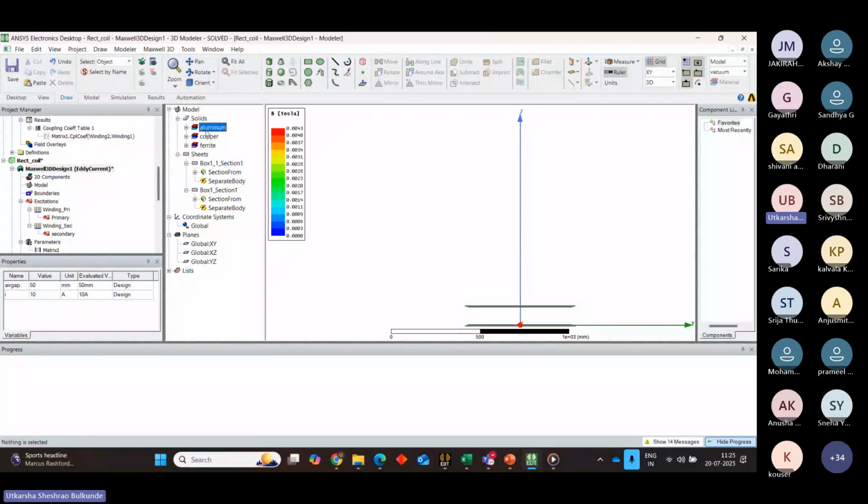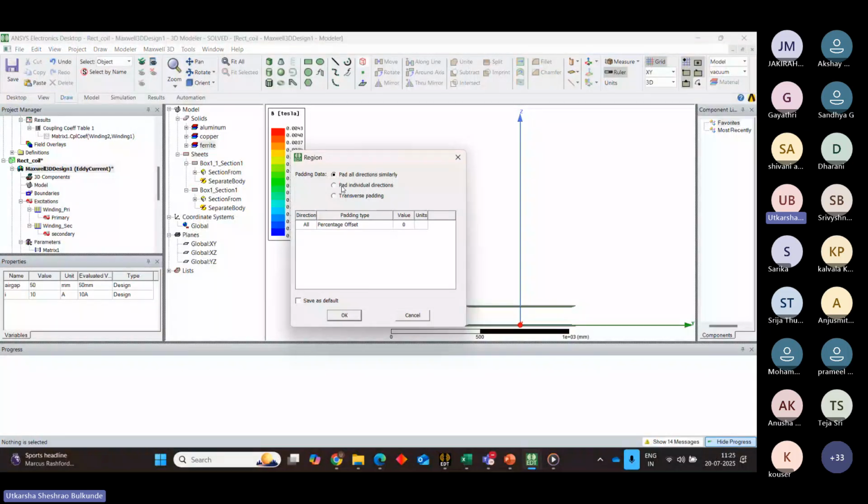We have just given aluminum, copper, and ferrite. But I told you for simulating your geometry, the region is the most important thing. And I just forgot. Sorry. Okay, fine. So now you understand if you will not give region, you will not get proper result.